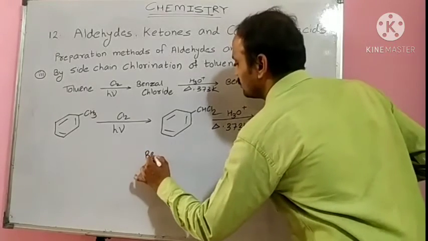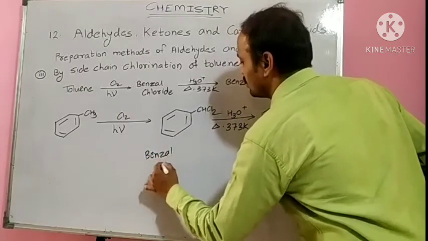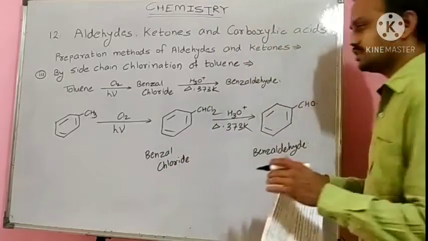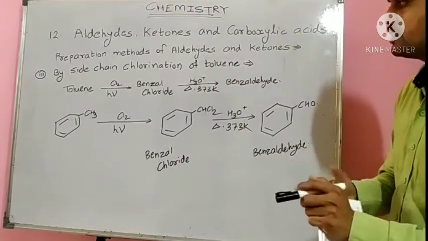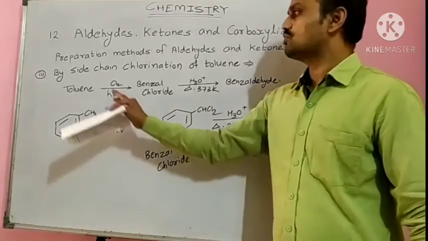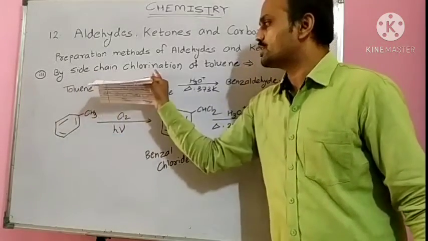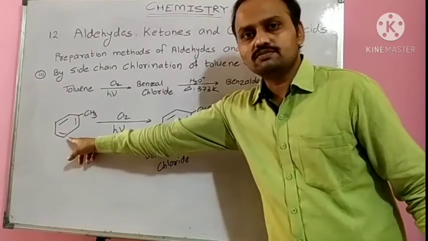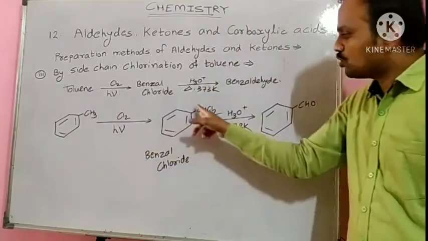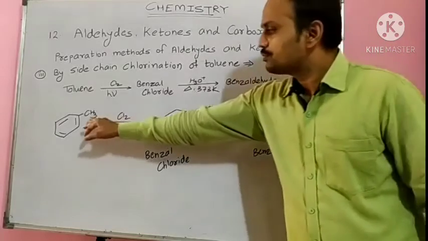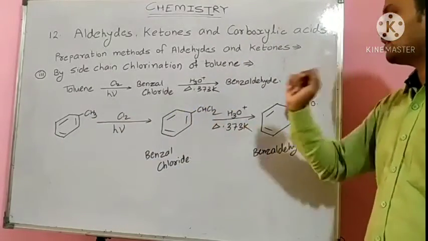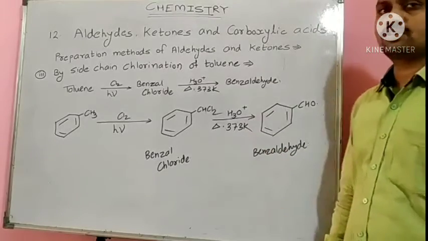So, students, in this reaction, as we have shown, the side chain of toluene undergoes chlorination, and on acid hydrolysis we get our desired product.